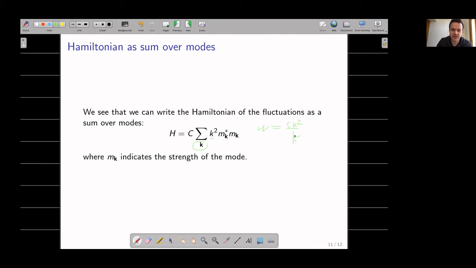So it's a quadratic dispersion of those modes in K. Okay.